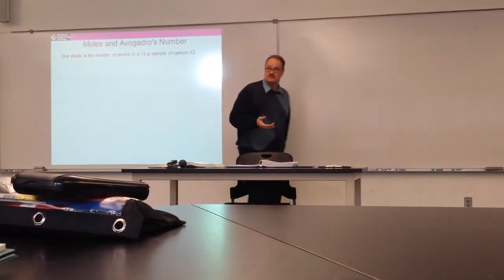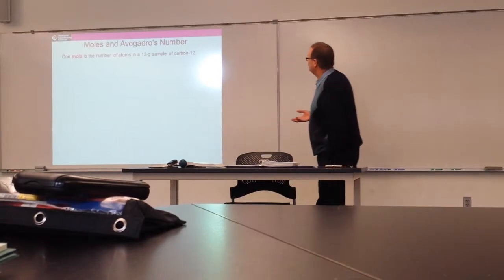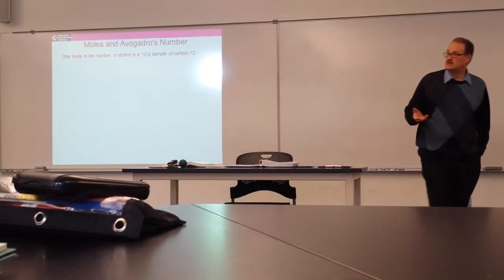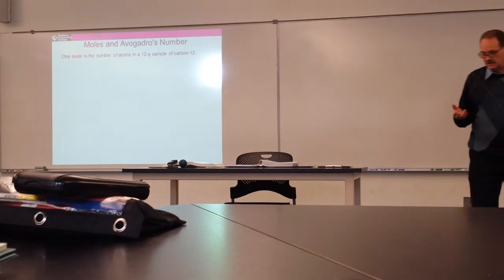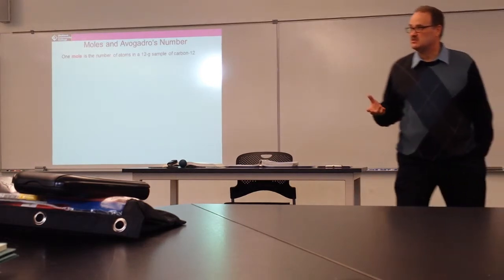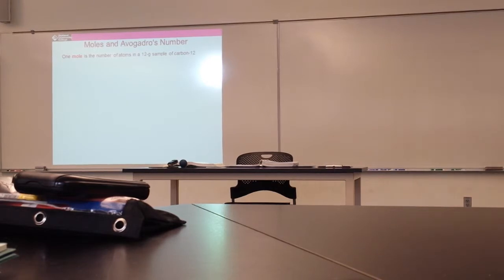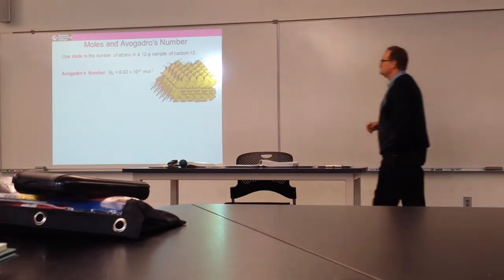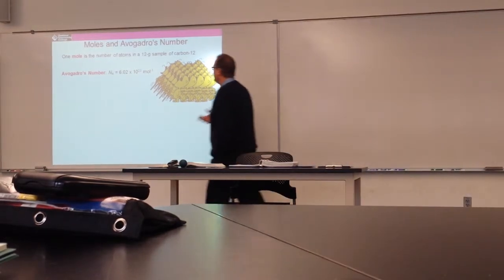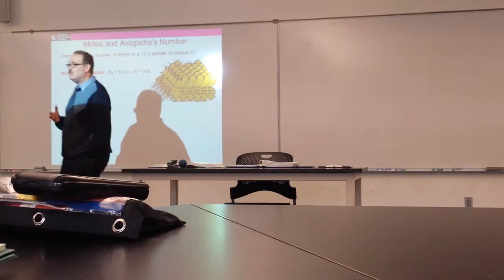And a mole is the number of atoms that are in 12 grams of a sample of carbon-12, the isotope of carbon that has 6 protons and 6 neutrons, so 12 nucleons. And then by experiment, what was found was that that number is 6.02 times 10 to the 23rd atoms. And that's a mole.